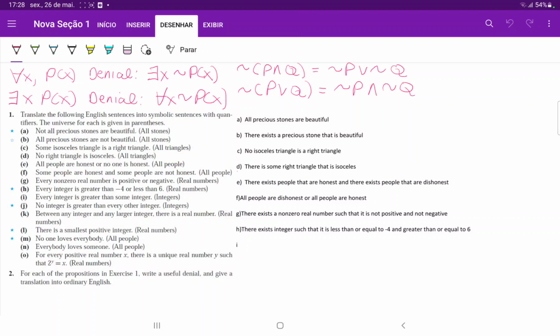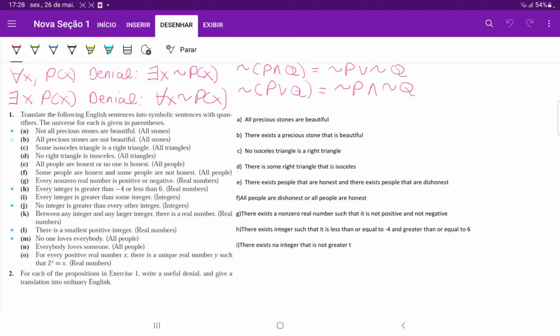Okay, let's do I now. We're going to have every integer is greater than some integer, right? So it's universal, so we're going to use the existential. There exists an integer that is not greater than every other integer.